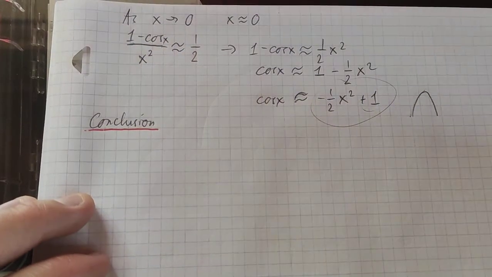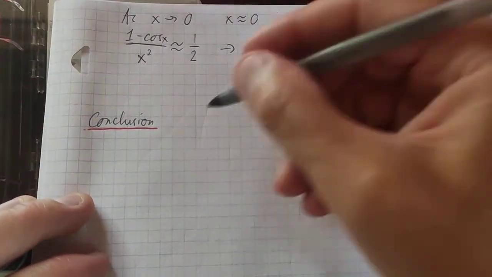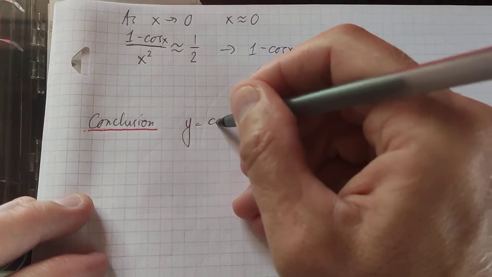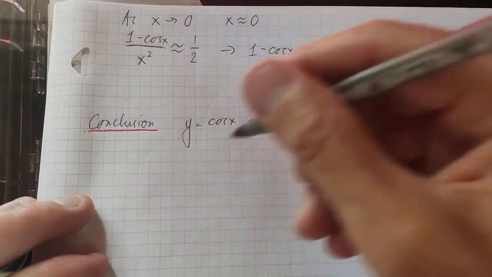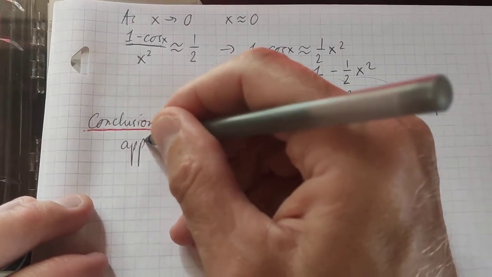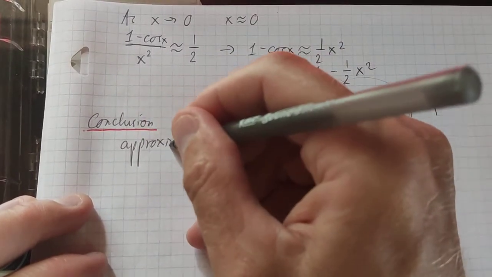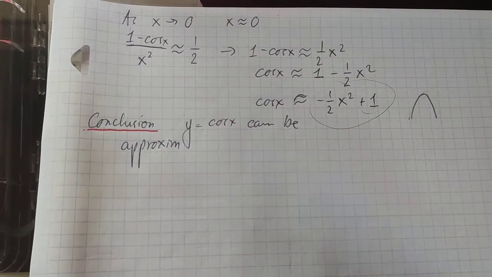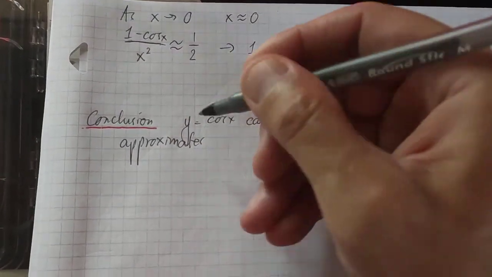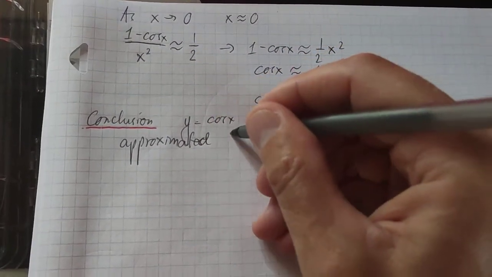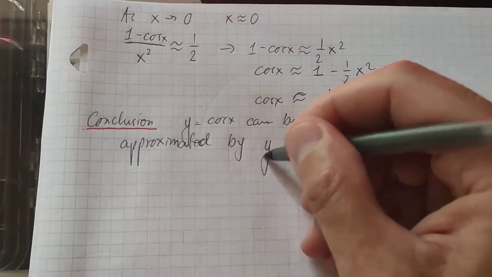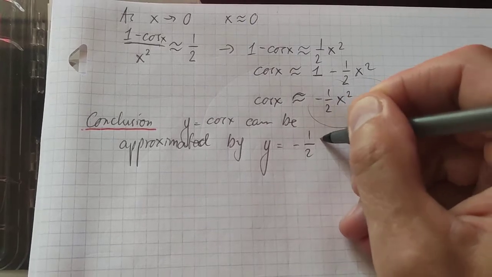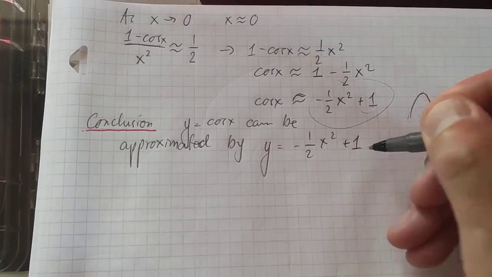We'll be doing this kind of stuff in later lectures. So let's write y equals cosine x can be approximated, I hope it's two p's, approximated by, well, y equals negative half x squared plus 1.